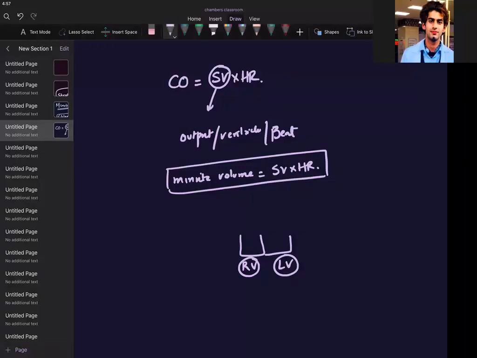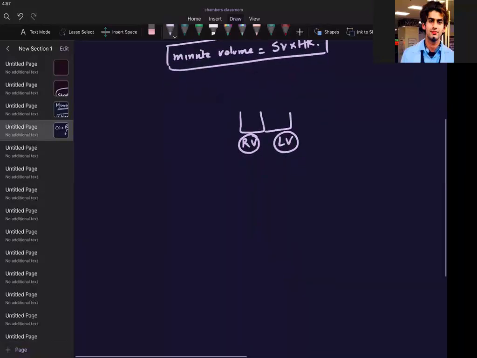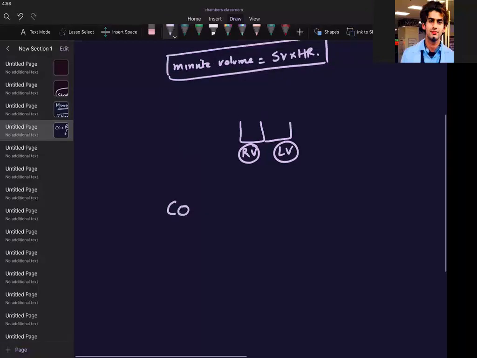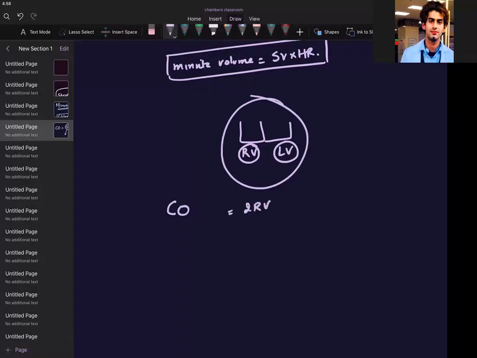Therefore, if you want to measure the whole cardiac output of the heart, can I take it as twice RV or twice LV? Because the definition of cardiac output is the amount of blood pumped by each ventricle with each beat into the circulation.